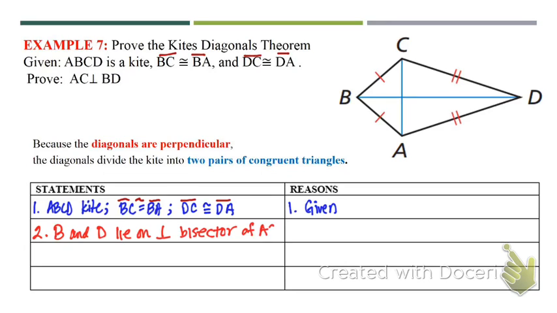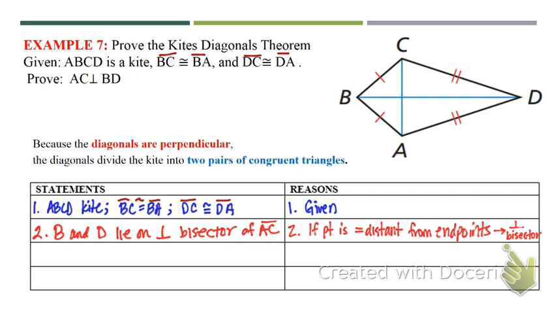We also know that BD lies on the perpendicular bisector of AC, from a theorem we learned a while ago that says if a point is equal distance from the endpoints, it lies on the perpendicular bisector.